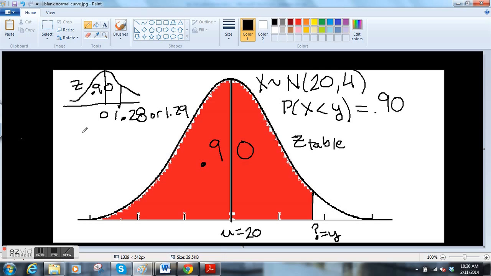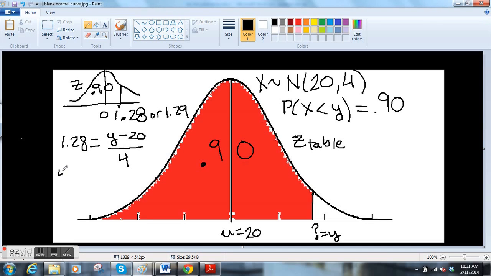What did someone score on the test if they have a z-score of 3? So in this case, we let the z-score 1.28 equal that value, y, minus the mean, which is 20, divided by the standard deviation of 4. So y minus 20 divided by 4 equals 1.28.